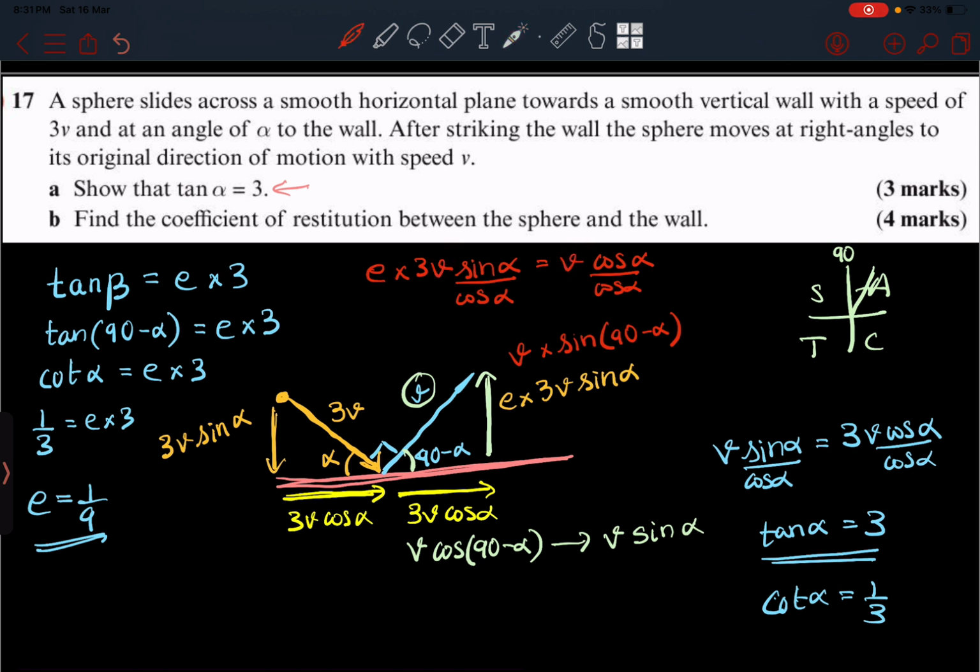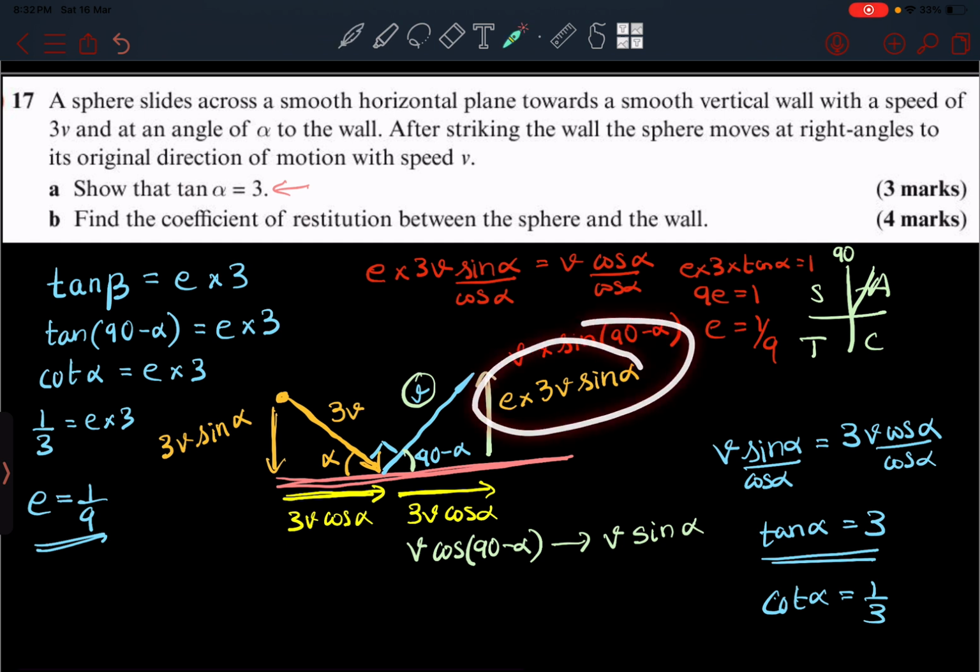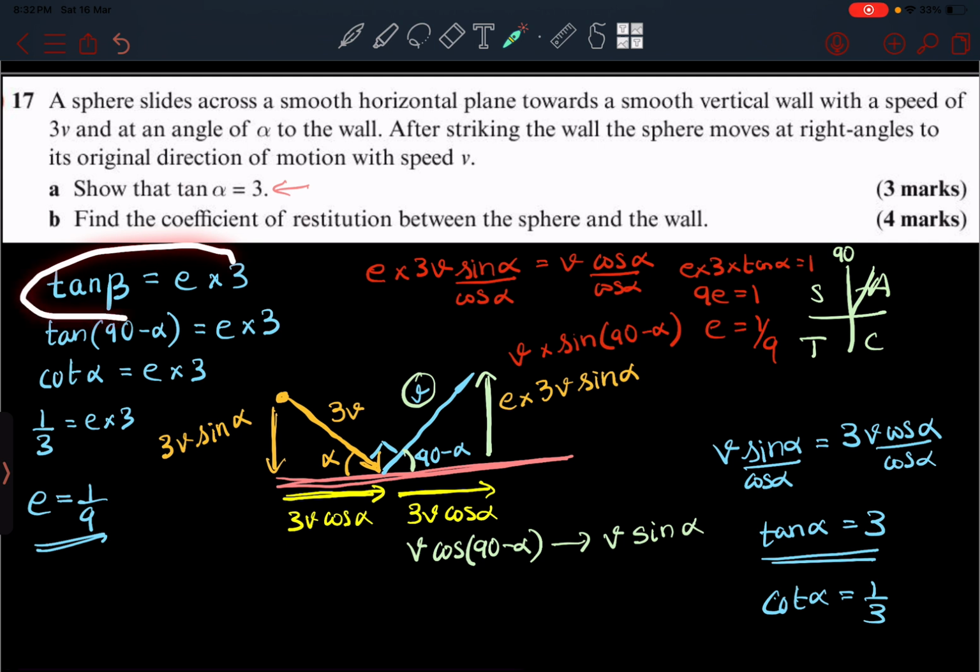I would get E times 3 times tan alpha equals 1. And I know tan alpha is 3, so 9E is 1, or E is equal to 1/9. So if you want to use that method, you could use that method, or if you want to connect them with the angles, you can. Both of them would give you the same answer, which is 1/9.